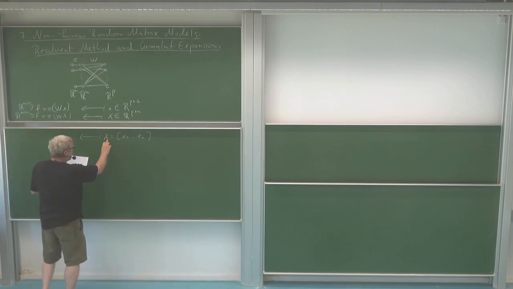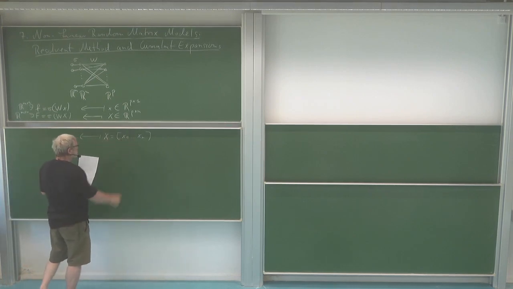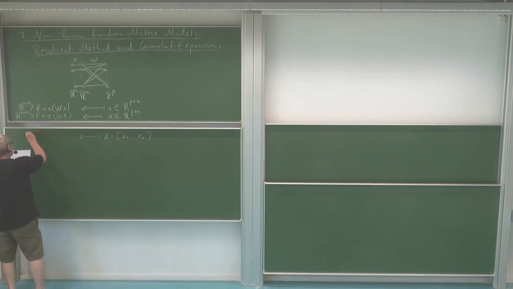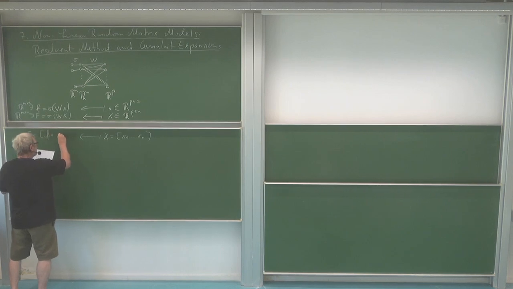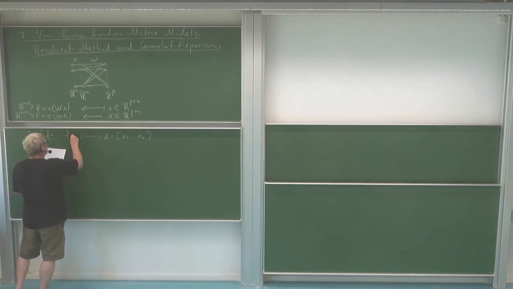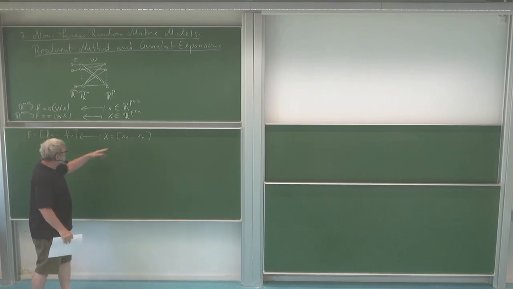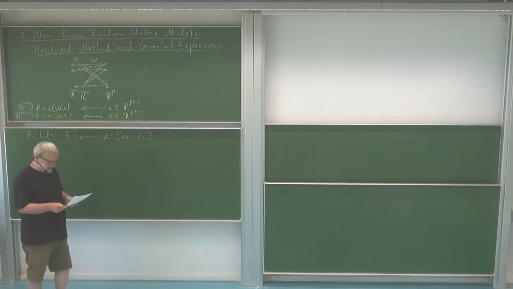In the same way as X is the collection column-wise of my data vectors, F is the matrix with the feature vectors column-wise. So f1 is what I get from x1 under this mapping, f2 is what I get from x2, and so on, up to fn, which I get from xn.